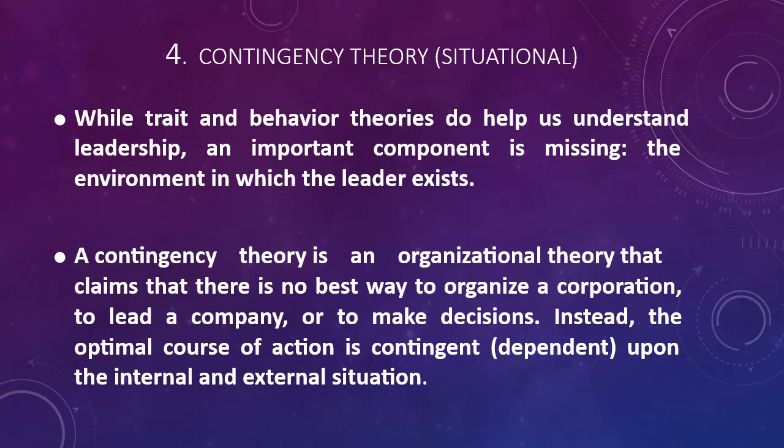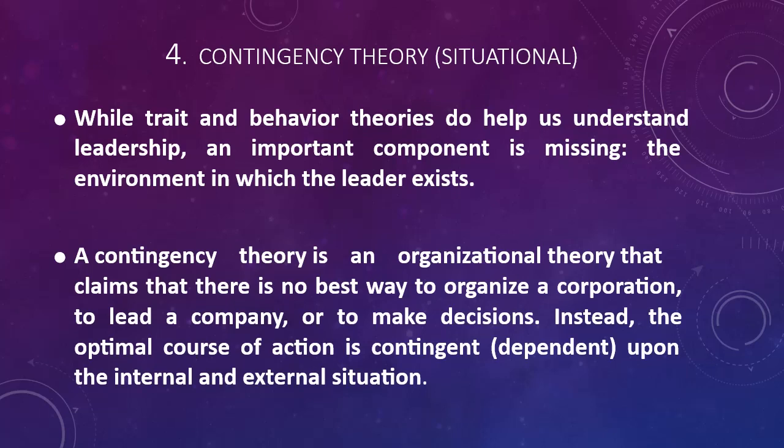It is all about the environment which makes a leader better. If he acts in such a direction as to become successful, then his style or his act can be treated as the best one. So a person has to act according to the situation, according to the environment, and action depends upon the internal and external situation. No best way to organize a corporation.